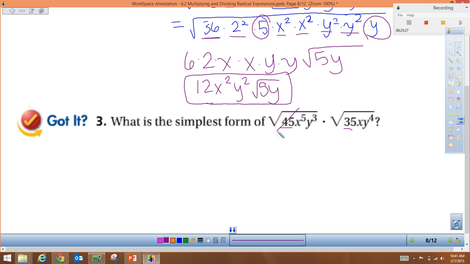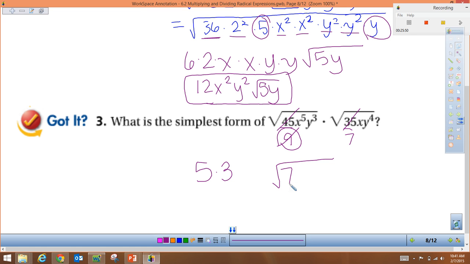So let's take out a 5, we have 9 left. Take out a 5, we have 7 left. So let's put this 5 right out front. We know we can take it out of both square roots, so we can just pull it out front. Do we know the square root of 9? We do. That's 3, so we're going to take that out too. 7 has to stay under the radical sign because there's no other numbers to combine it with.